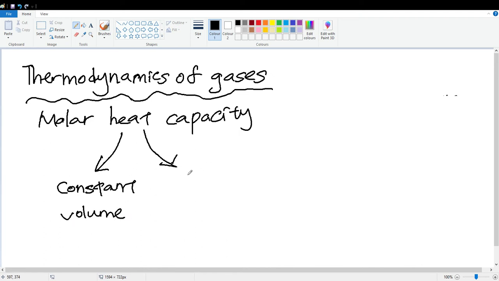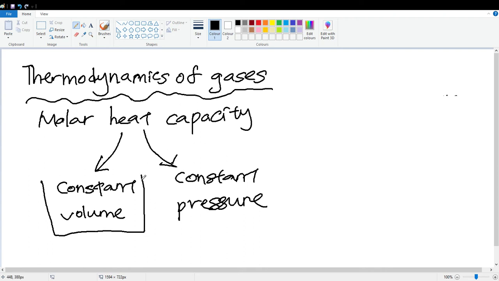For the other one, we raise the temperature of 1 mole of gas by 1 K at constant pressure. These are the two different conditions for the molar heat capacity of gas.